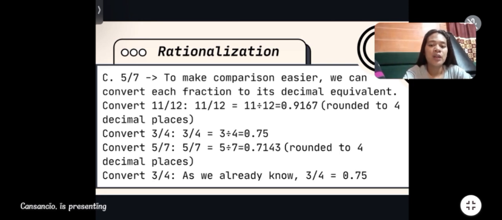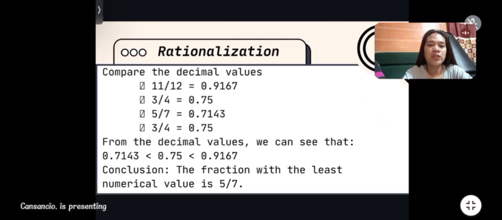Compare the decimal values. First, 11 over 12 is equal to 0.9167. The second one is 3 over 4, which is equal to 0.75. The third one is 5 over 7, which is equal to 0.7143. The last one is 6 over 8, which is equal to 0.75.